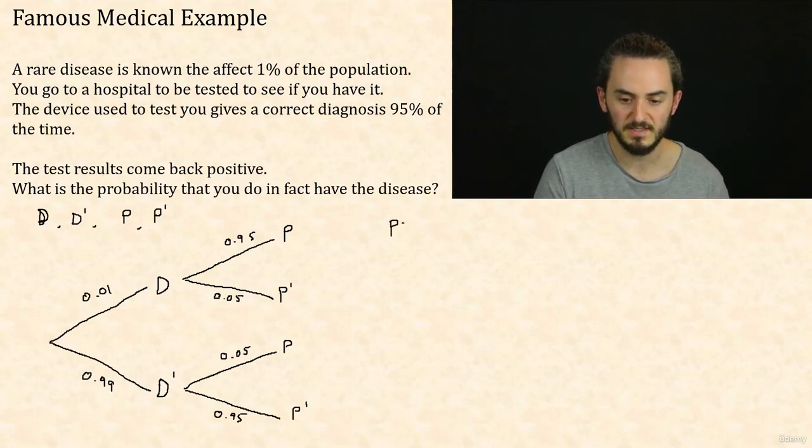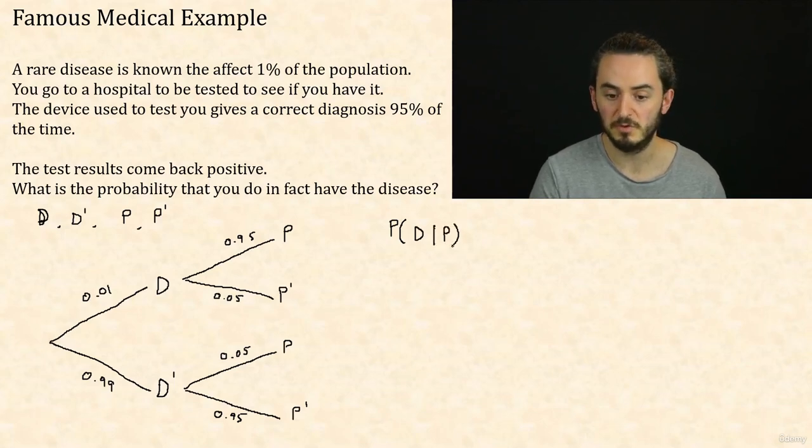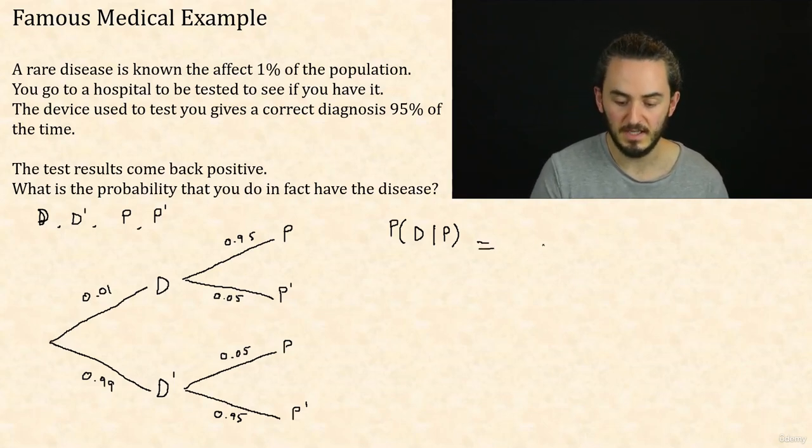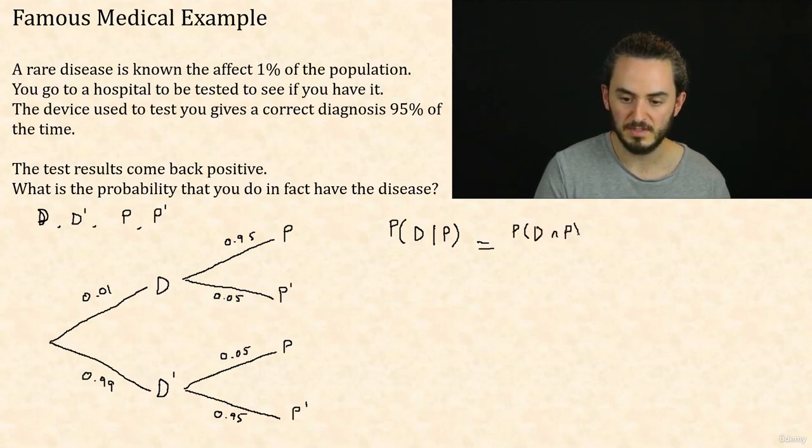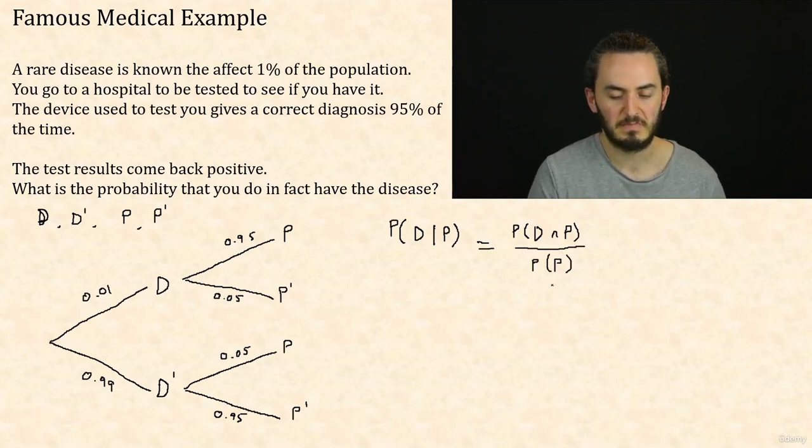So what is the probability that you have the disease given that you got a positive result? That's what we're actually trying to work out. So we know from our conditional probability formula that this is the probability that you have the disease and you get a positive result divided by the probability that you have a positive result.